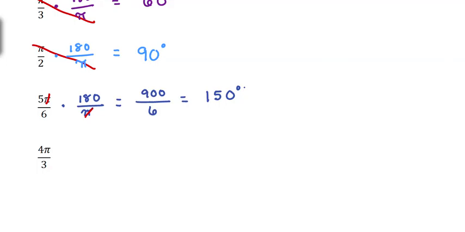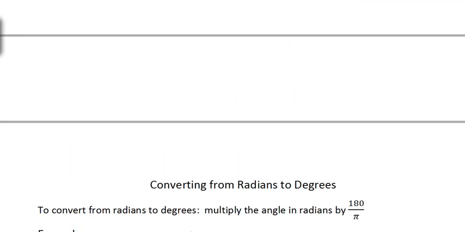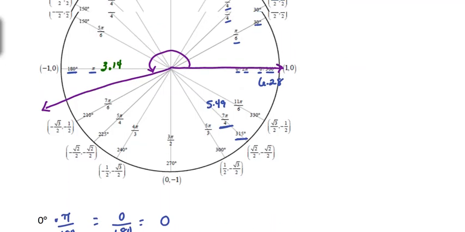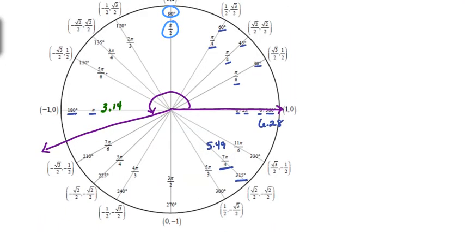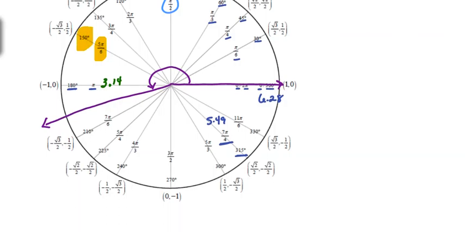5 pi over 6. Is that on our unit circle? Let's scroll back up and see. 5 pi over 6, 150 degrees. So we're on the right track here.